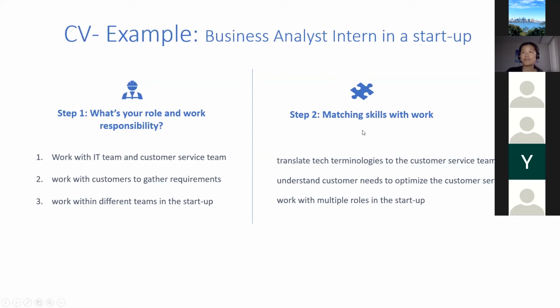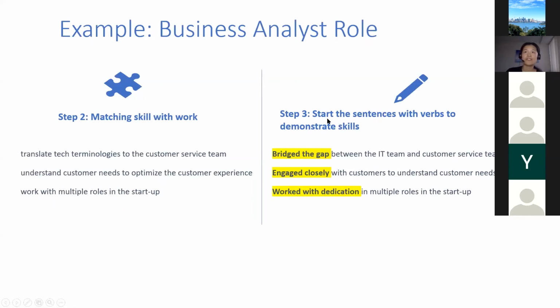So after the second step, we will go to the third step. It's to start the sentences with verbs to demonstrate your skills. Right at the beginning, show what skills you have. For example, for the first responsibility, instead of saying, I help translate technology terminologies between different teams, I said, bridge the gap.